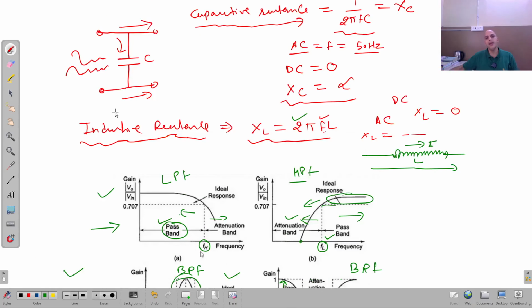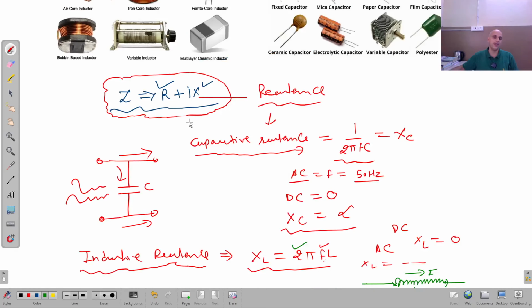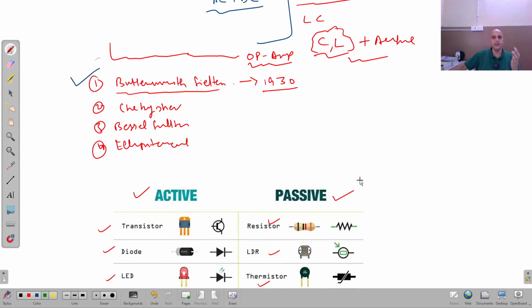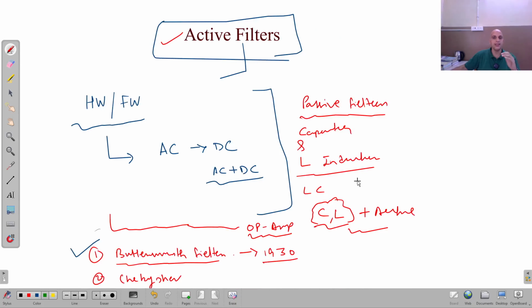But remember, in all the filters, the basic principle is either capacitance or inductance, or it can be a combination of both. As I told you, we can make use of a simple capacitor, that is a shunt capacitor filter. We can make use of an inductor, that we call a choke filter or inductor filter.